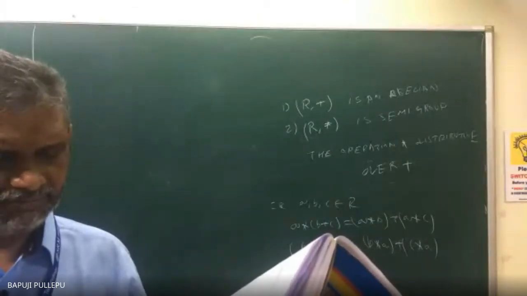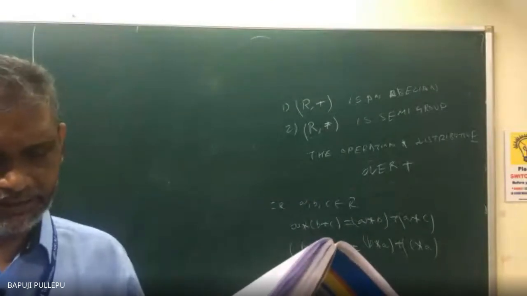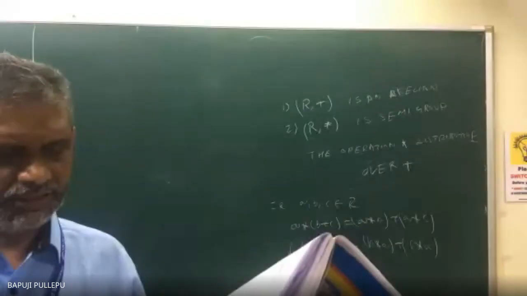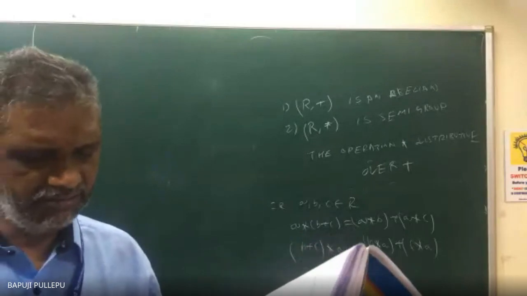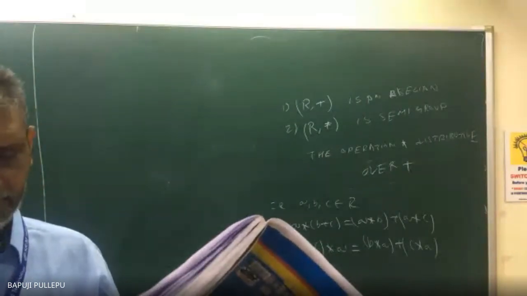Sir, 600 present. 622 present, sir. Now only joined. Sir, 600, instead of switching on mic, I left the meeting by mistake. Okay. 601. Now 79, 82, 92, 95, 601 absent.